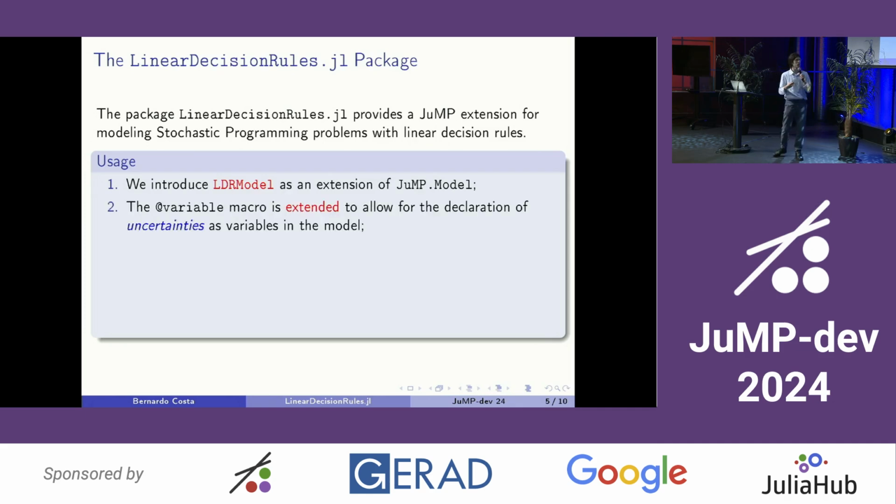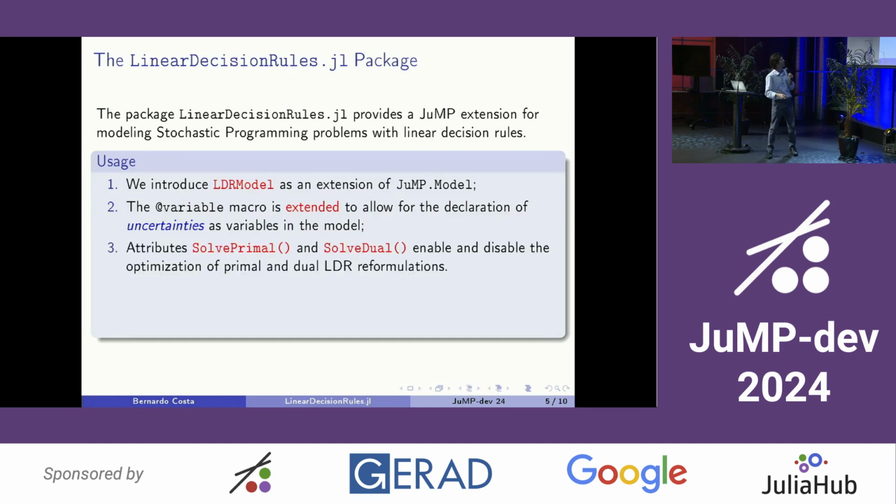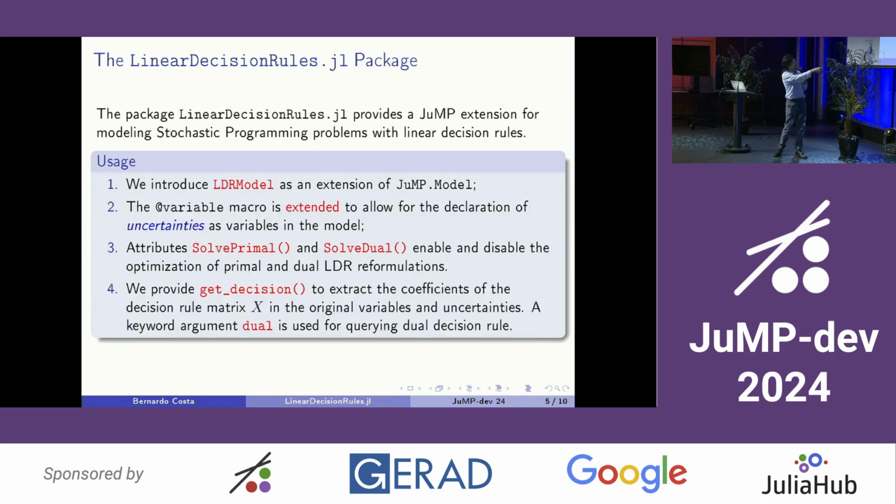And we also extend the variable macro to allow for declarations of uncertainties. I'll just show you in a moment how this looks in syntax. But then we put two new attributes because we might also want to have dual linear decision rules, which have kind of dual roles for the primal. And we have this extra function get decision to extract the coefficients.